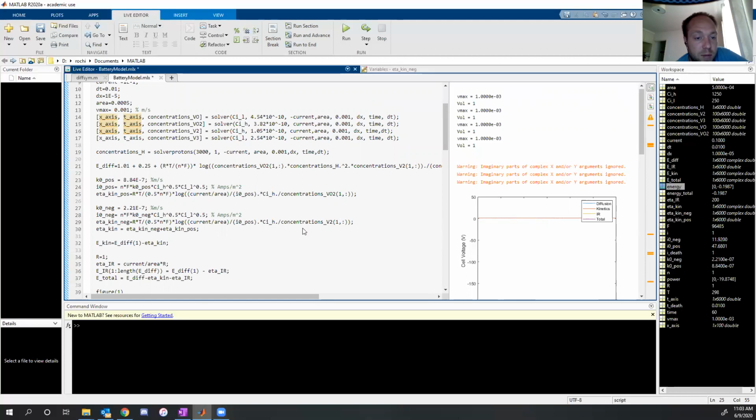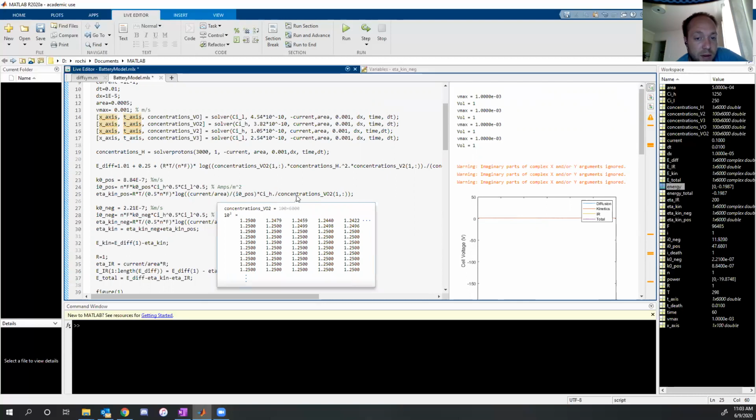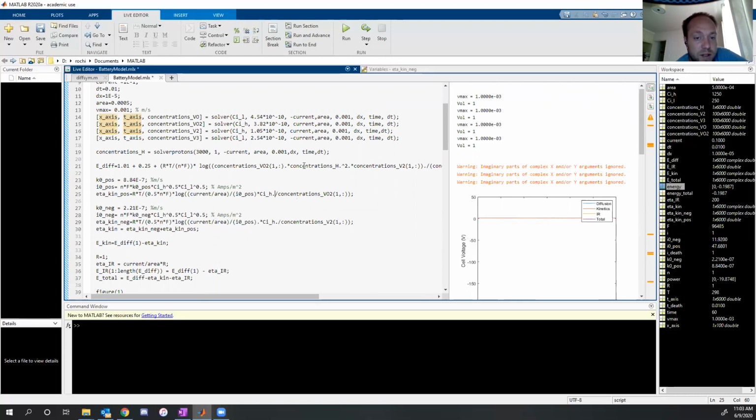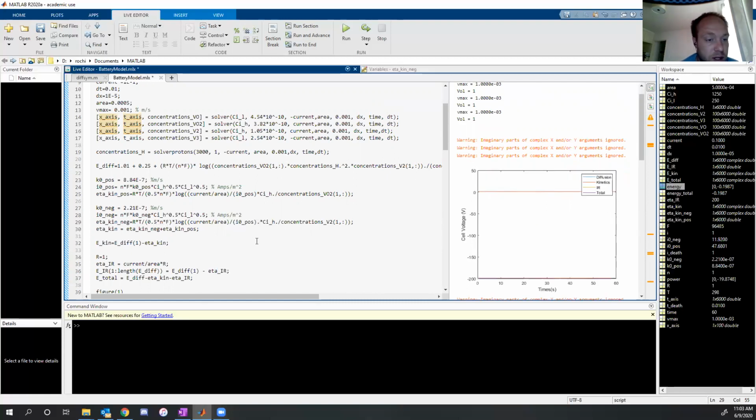I don't think you need that one in both of those. You need that one though, but the one below it in line 29, you don't need that one. Oh, change your I not positive there to I not negative in line 29.